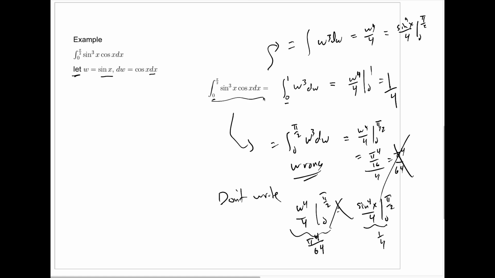Because this is a definite integral, it's a number. This is a function of w, this is a function of w, and this is a number again. This is the correct number, this is 1/4, but it's incorrect along the way.